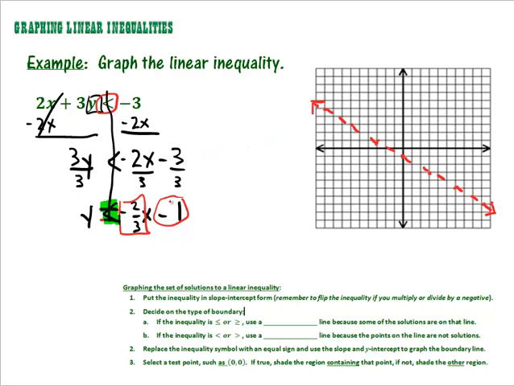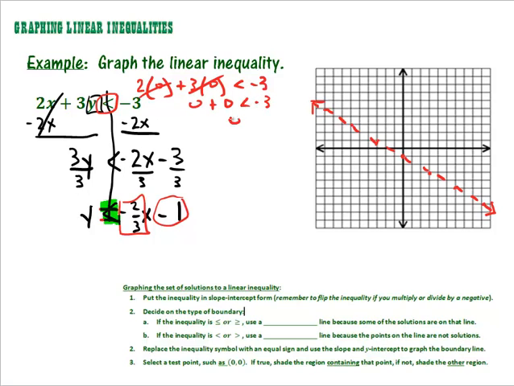Now we're going to test the point 0, 0 in the inequality. Let's go back to the original inequality and put in 0. So 2 times 0 plus 3 times 0 is less than negative 3. 2 times 0 is 0, and 0 plus 0 is less than negative 3.